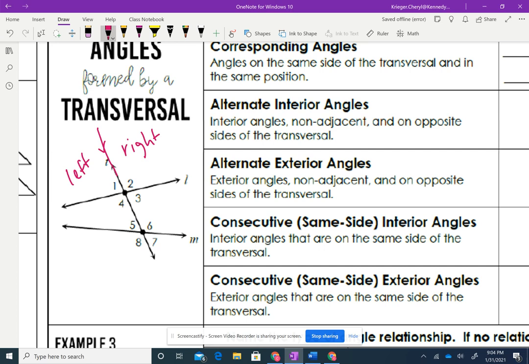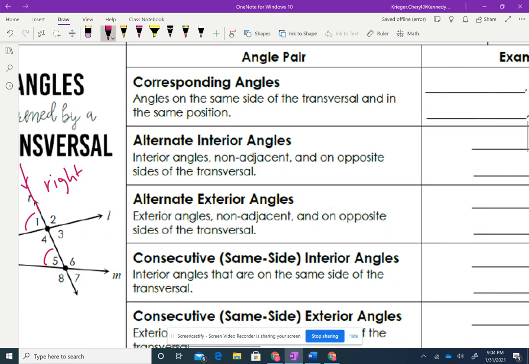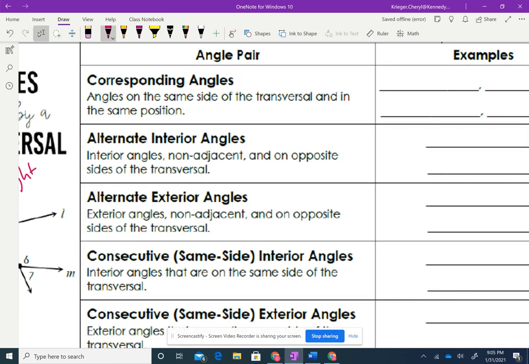So angles on the same side and in the same position: if it was in the top left, that would be angle 1 and angle 5. Those are both on the top left of the lines cut by the transversal. So angle 1 and angle 5 are corresponding. I'll write that down.